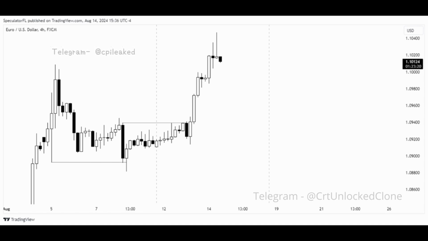But on Tuesday, first of all, we took out this 4-hour CRT high, which is our initial target, but our target doesn't end there. We've also got this range high, which is our main priority target, and then we've got the other range high right here. Now this range high is far off, but the initial main target for price is this range high right here, which I was looking for during Tuesday.